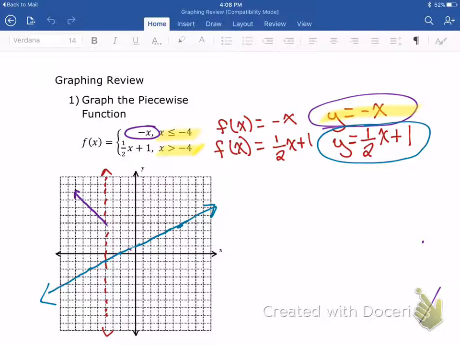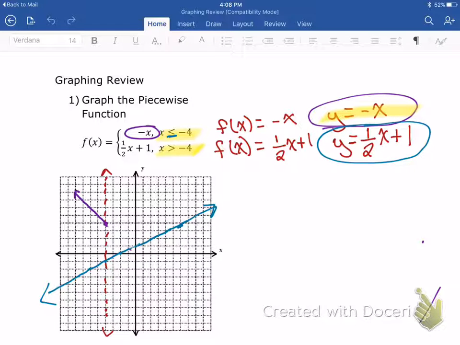So we're going to focus a little bit on this or equal to sign right here. When x is equal to negative 4, it is going to be my purple function. And the way I signify that is with a closed circle. So when x is negative 4, I've got to follow my f of x equals negative x. You can see right there that I've got a closed dot.